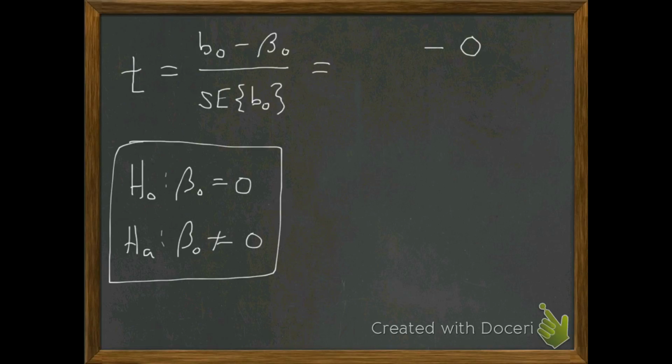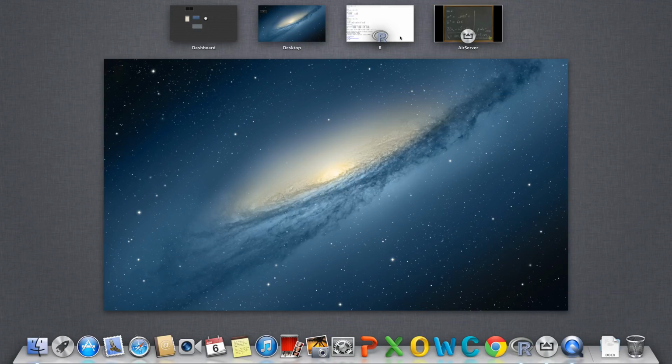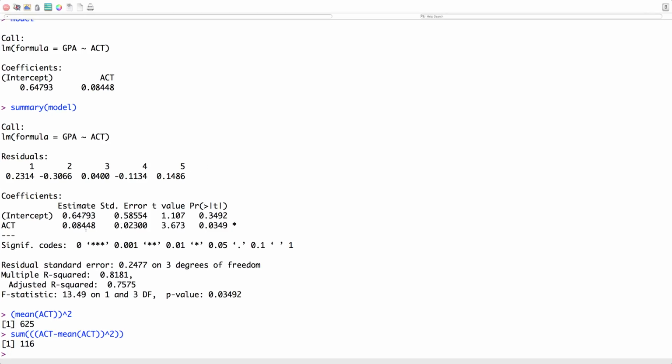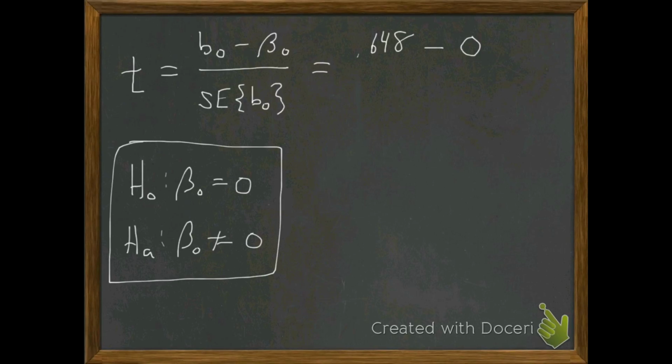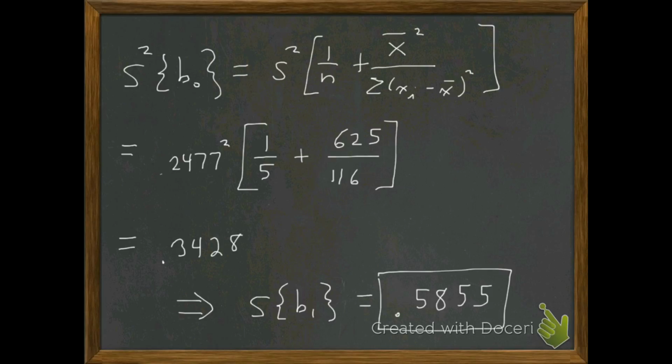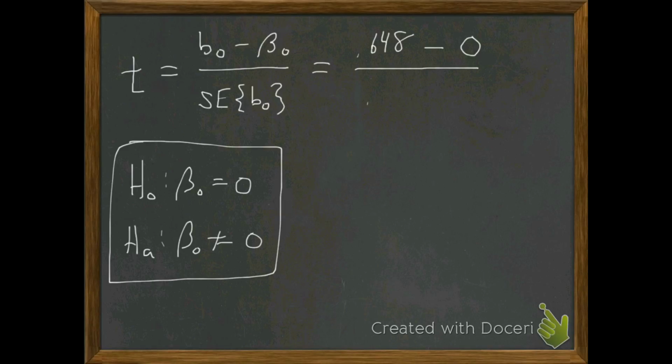I forget what my estimate was. Go back to R and get that. So my estimate for the intercept was 0.648. Divide that by our standard error, 0.5855.